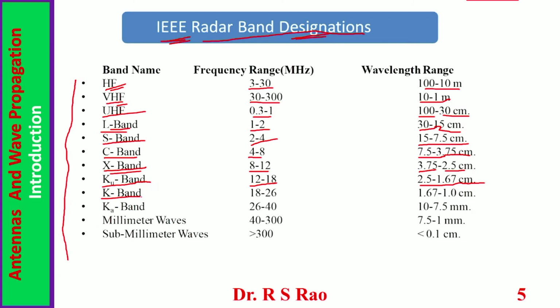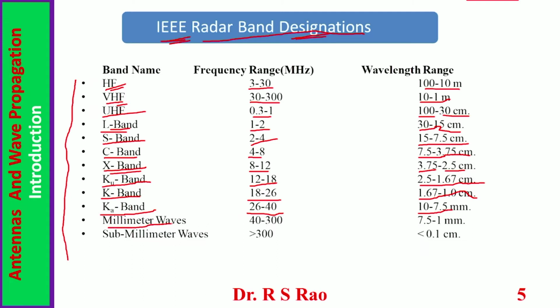Then K band, its frequency range is 18 to 26 gigahertz. Wavelength range is 1.67 to 1.0 cm. Ka band follows K band. Its frequency range is 26 to 40 gigahertz. Wavelength range is 10 to 7.5 mm.